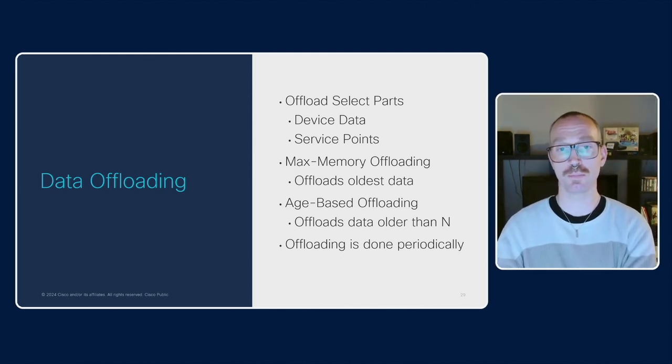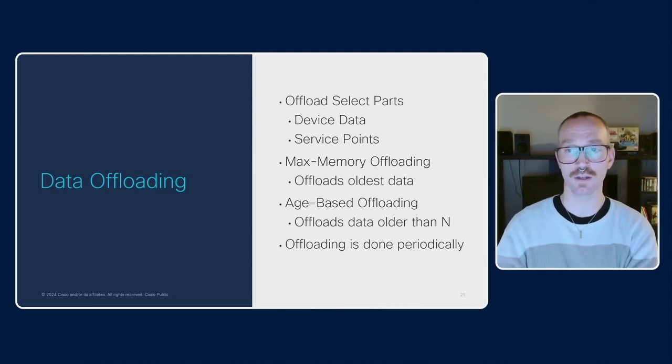If we fail to come below the threshold while offloading, we do raise an alarm, because that basically means we have enough data in CDB that's outside the device tree and the service points to exceed your given limit, and your system will behave and perform poorly, because whenever you access device or service data, it will be immediately offloaded.